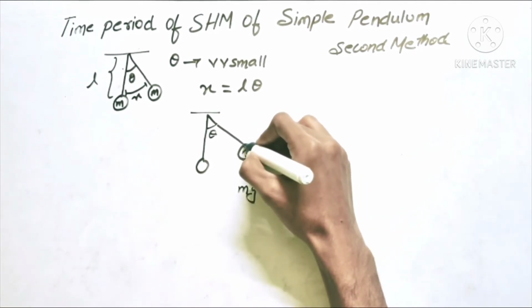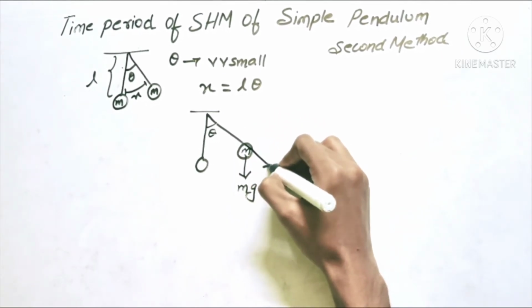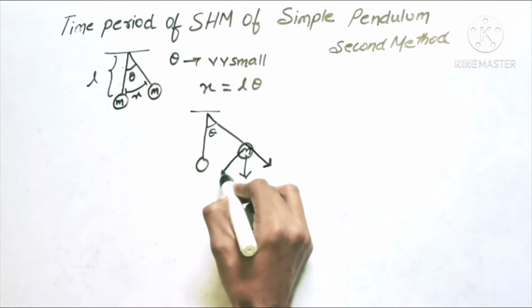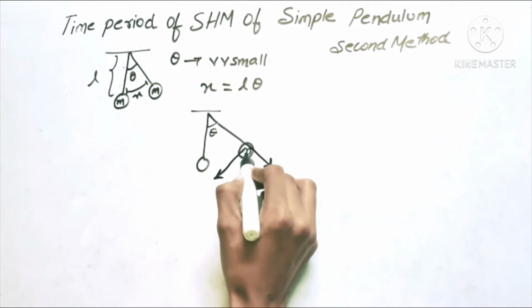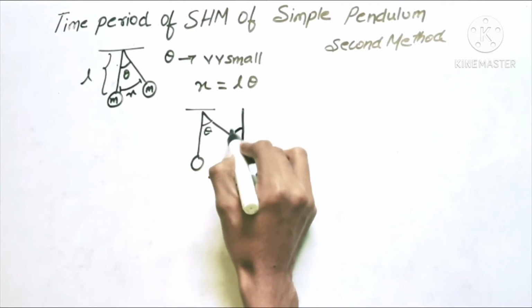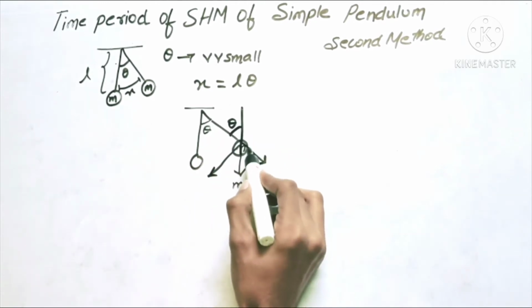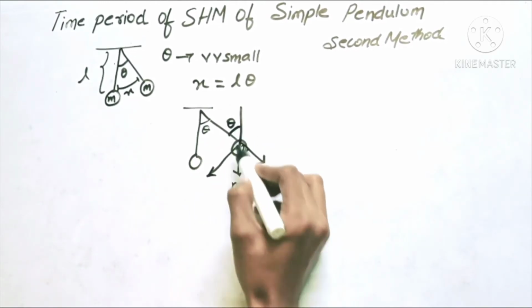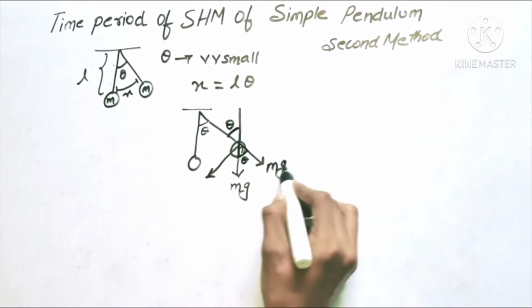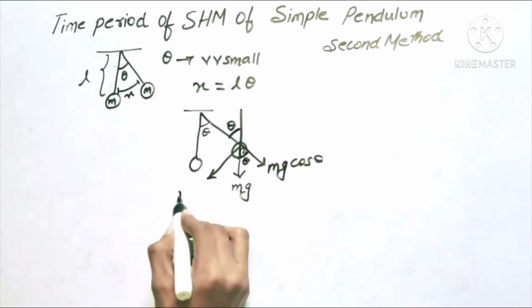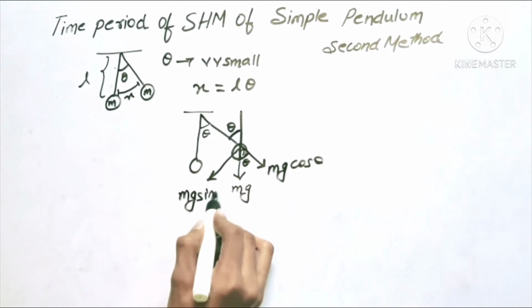You have one force acting along the thread, that is the string, and one perpendicular to it. When you extend it, you get this to be theta, alternate interior. This turns out to be theta, vertically opposite. This comes out to be mg cos theta, and this is your mg sin theta.